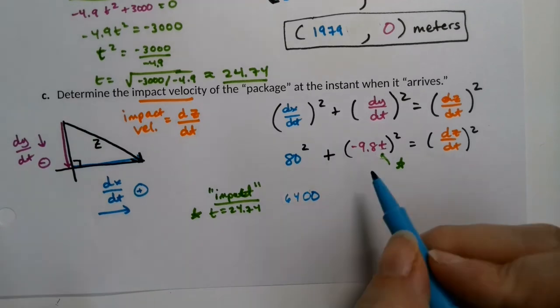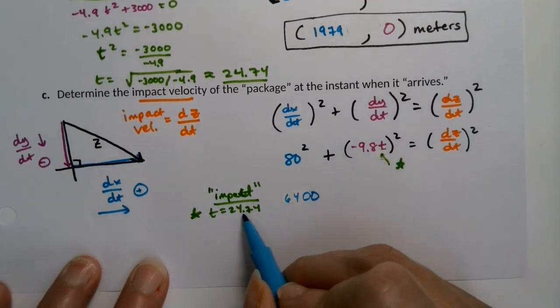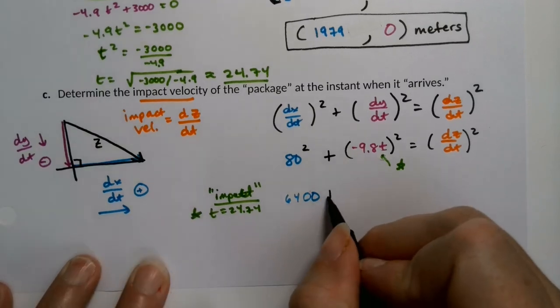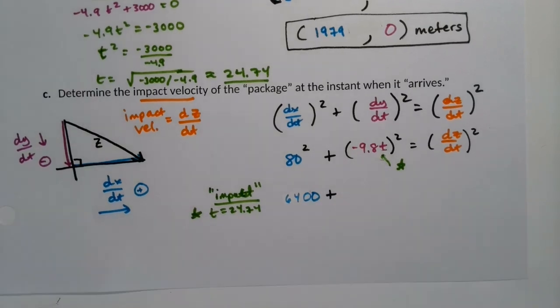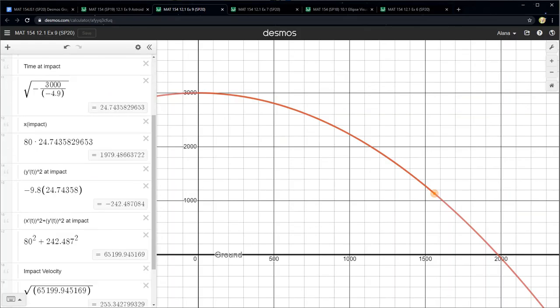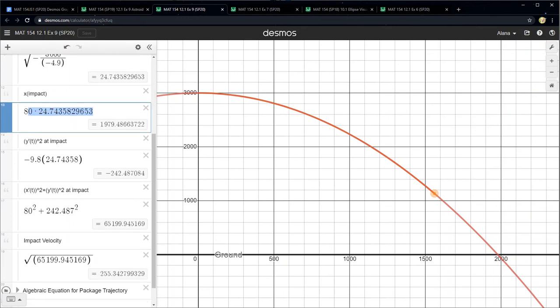All right, then I need to take negative 9.8 times 24.74 and square that number. So I'm just going to make Desmos do that. Negative 9.8 times 24.74 is 242 point blah, blah, blah, squared.